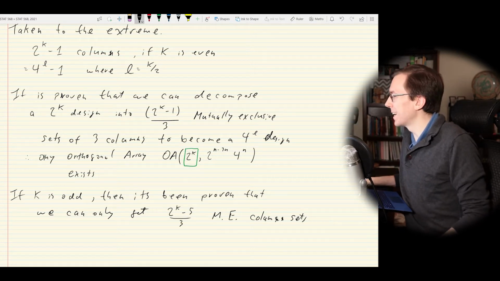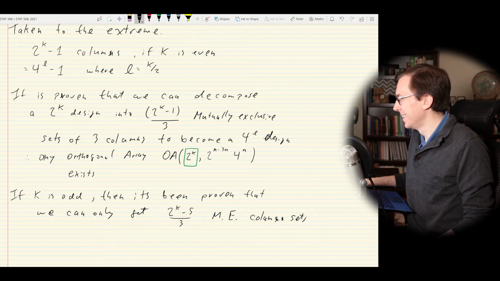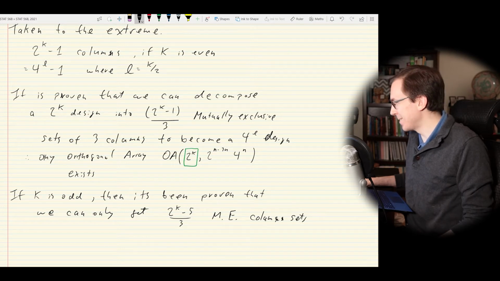And this was actually proven by, I think, Jeff Wu in 1989 in the paper that I cited on how to construct a 2 and 4 level mixed factorial design.